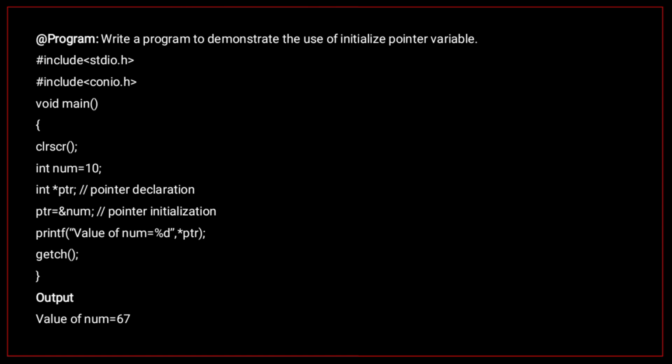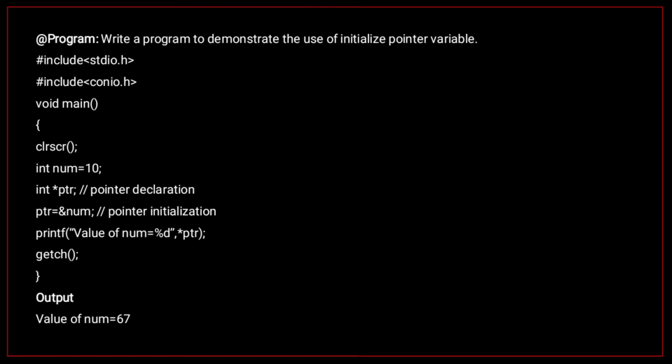Next, we have to print the value of num. Then we write a statement printf in double quotation, value of num equal to percentage d, double quotation mark, comma, then star ptr bracket close and semicolon. Now this statement is used to print the value of num, which is stored in a pointer.